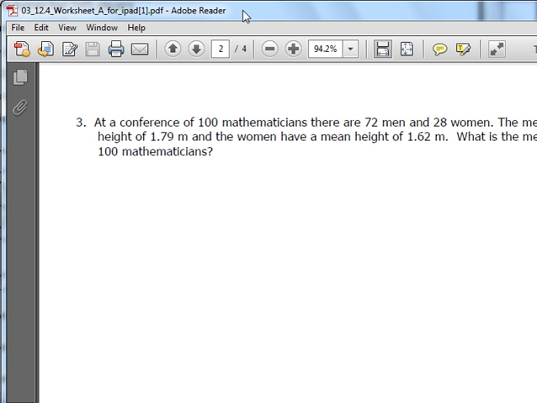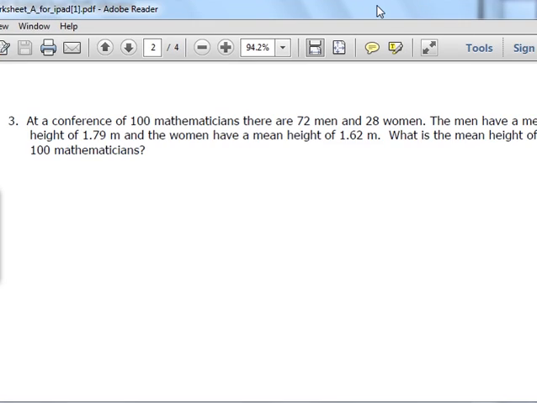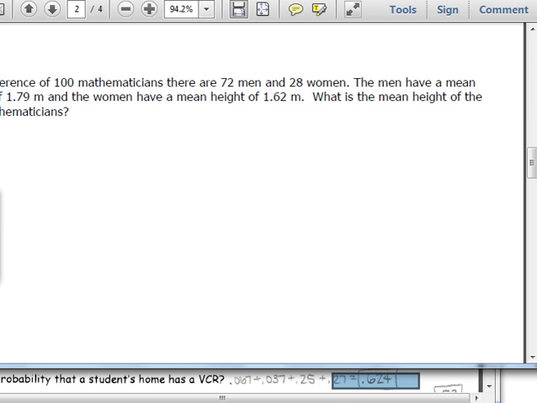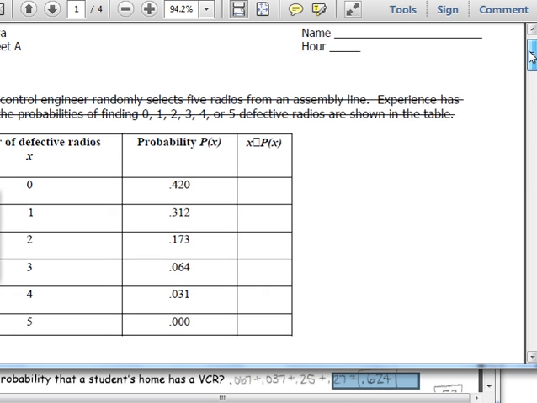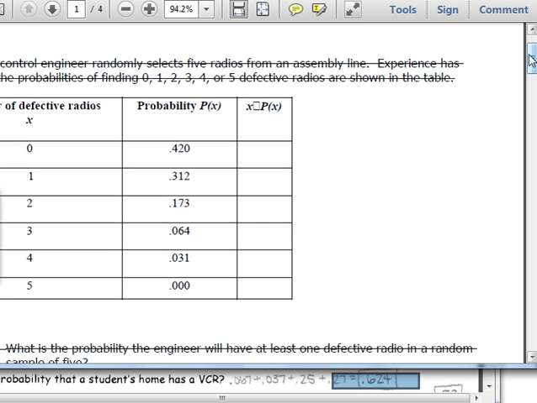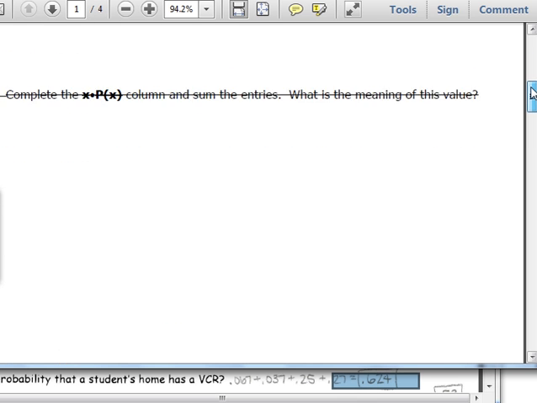Don't do the one that says finding. Throw that one out, or just don't open it. Do the one that says expected value 12.4A. The first problem that comes up has all these lines through it. You know what that means? Don't do it. We're skipping that problem because it was too confusing.